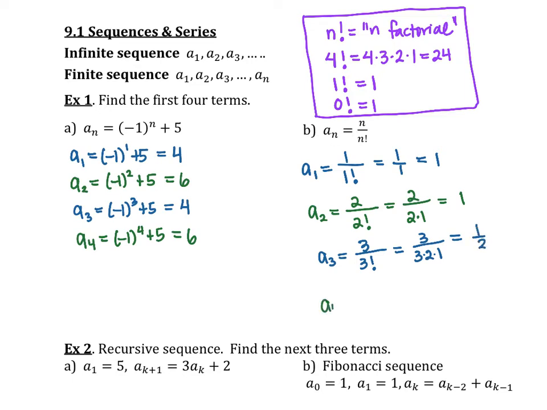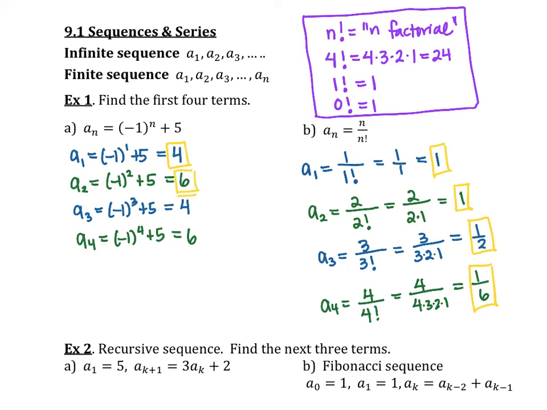And for the fourth term, I have n equals 4, 4 over 4 factorial, which is 4 over 4 times 3 times 2 times 1. The 4's cancel, and I'm left with 1 over 3 times 2 times 1, which is 6. So the first term is 1, second term is 1, third term is 1/2, the fourth term is 1/6, and I could keep going from there to find subsequent terms.